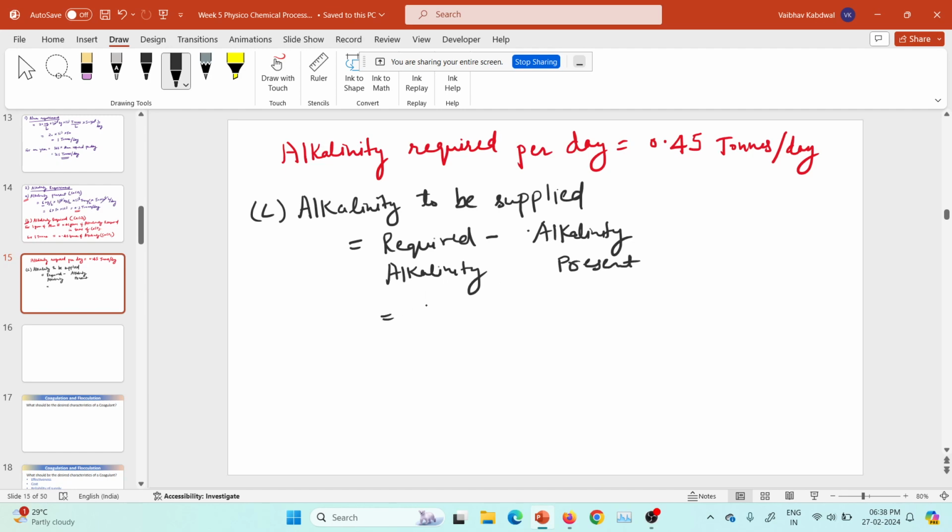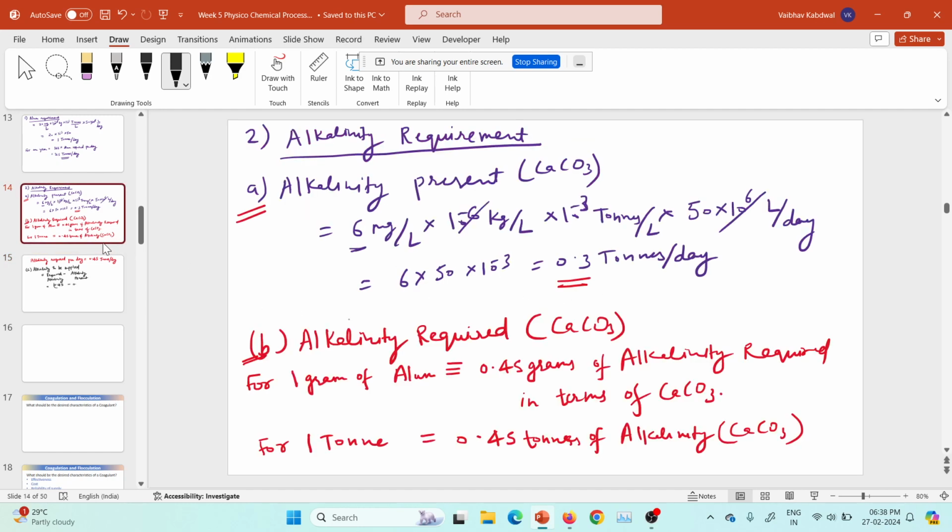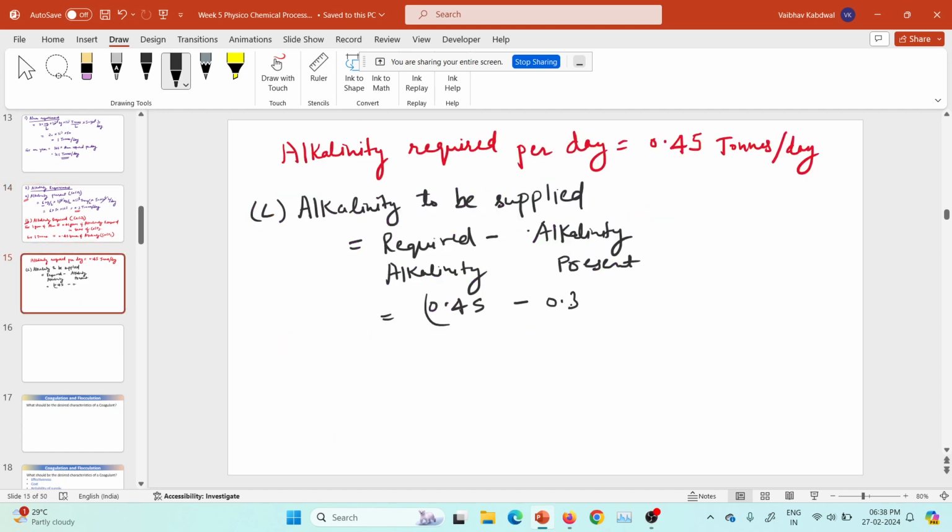How much required alkalinity? 0.45 minus 0.3, it was 0.3. Tons per day. Let's calculate it.